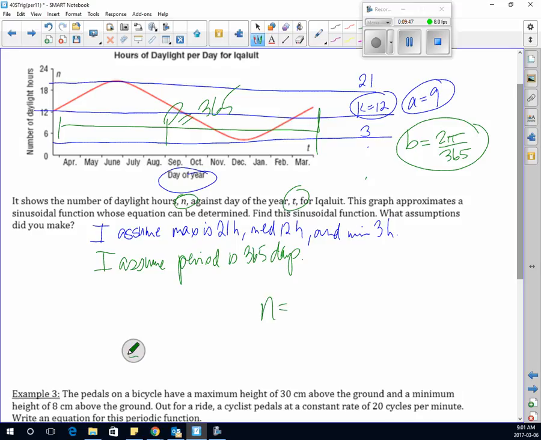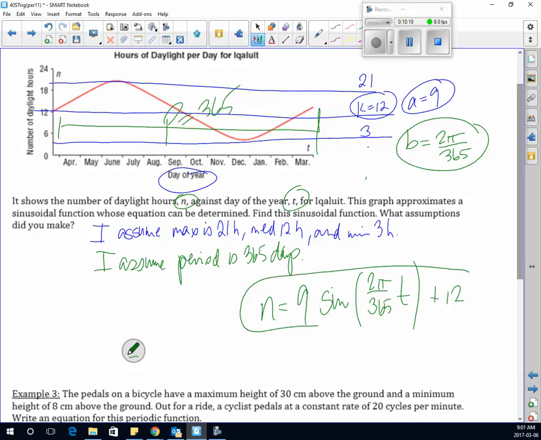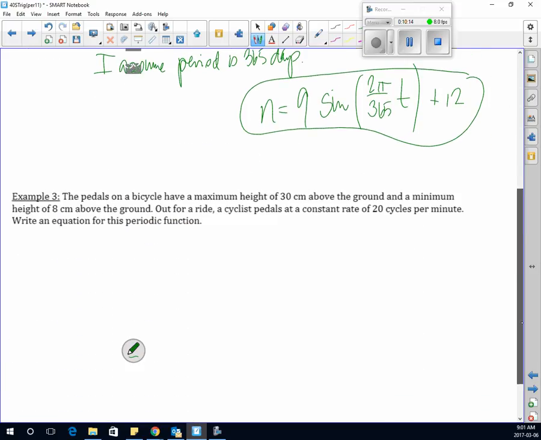N equals what? 9 sine bracket 2 pi over 365 t plus 12. There you go. Easy as that.